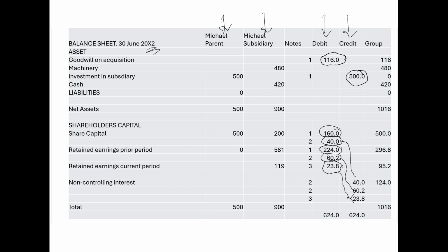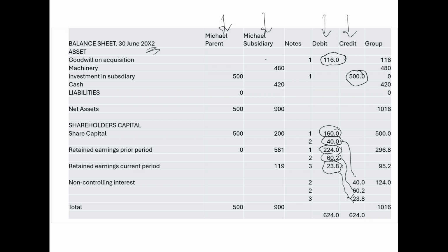Once we have done that, we can now add across, keeping in mind which are debit accounts and which are credit accounts, and then be aware of the debit adjustments and credit adjustments so that we carefully, consciously add them across.